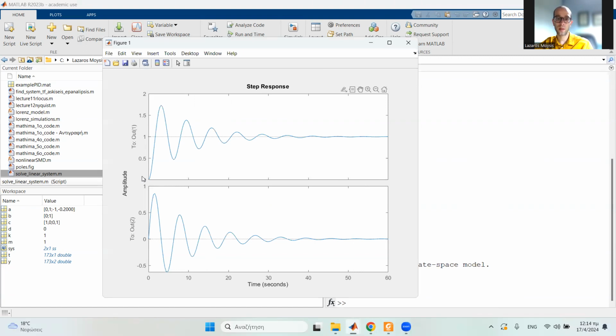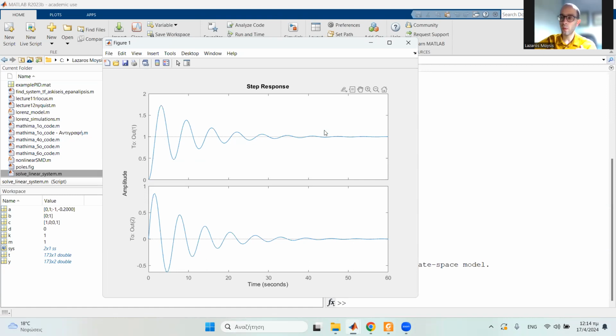You see the system starts from zero initial conditions. When you ask for a step response, it assumes that the system starts from zero, so we have a zero position and a zero velocity. And as we apply a steady force into the system, it oscillates, and then the derivative goes to zero, but the position of the system remains at a non-zero point, equal to 1, right?